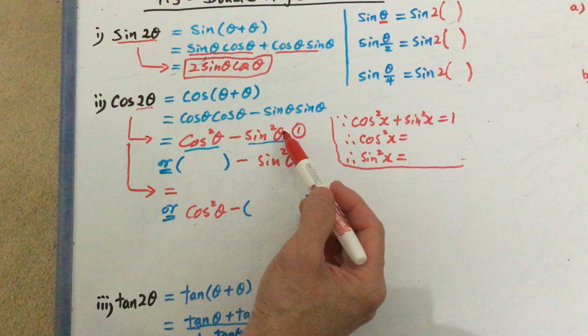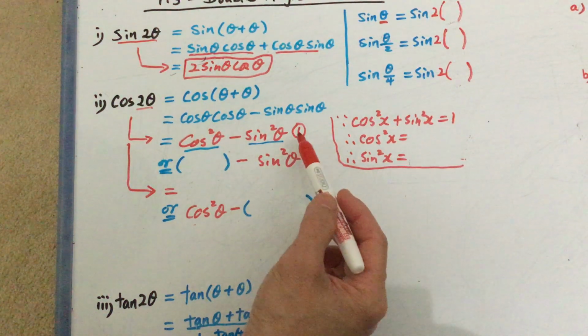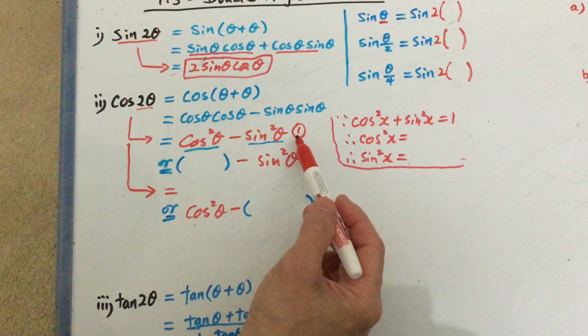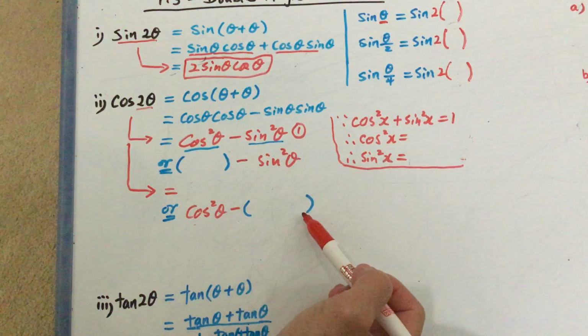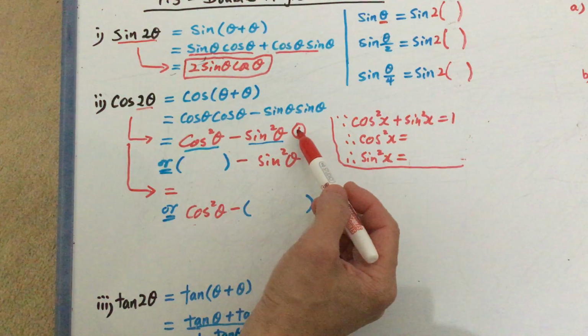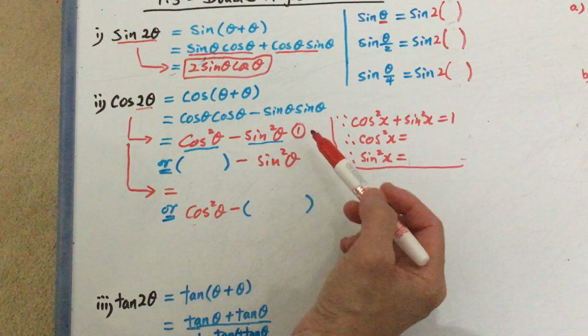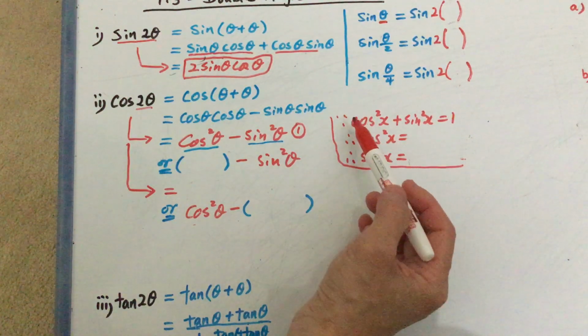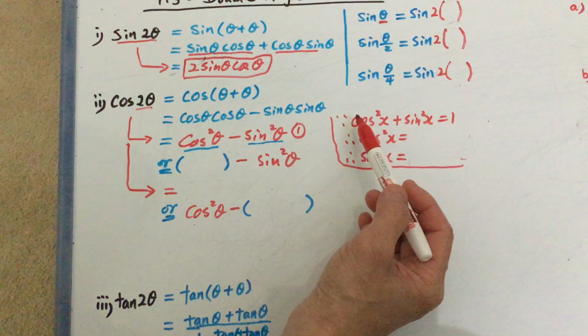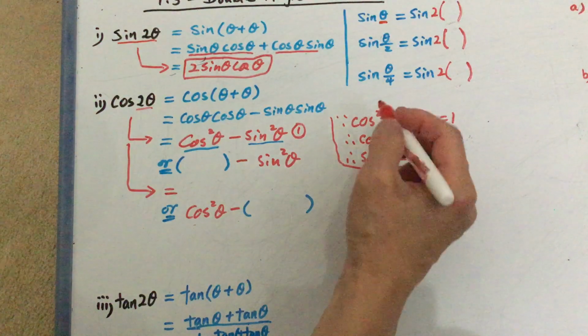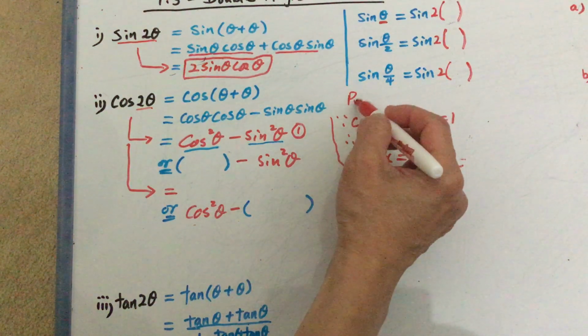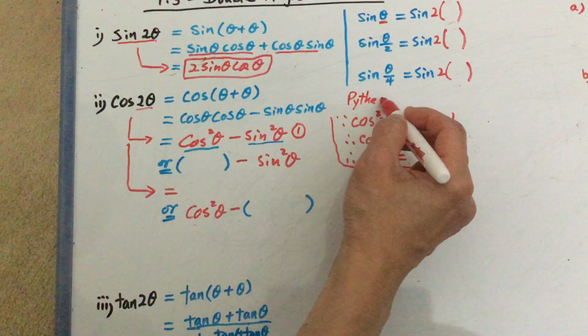Why is this the first one? Because from this main formula, we can further develop 2 more, and that is based on the definitions we know from the Pythagorean identities.